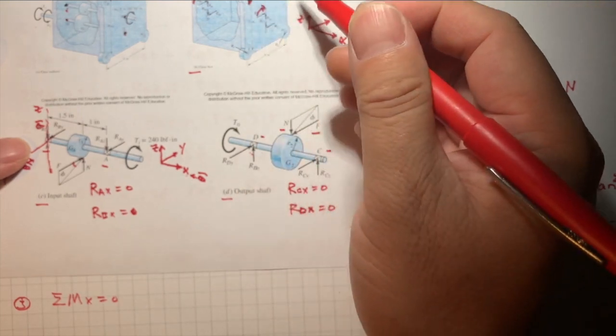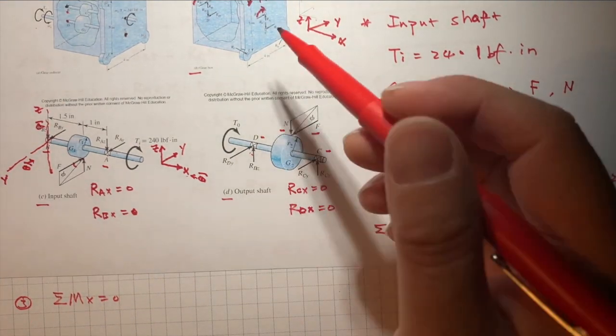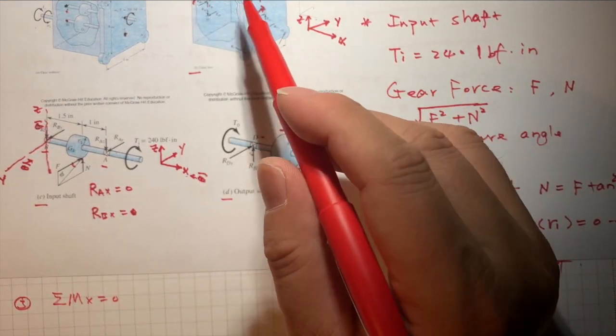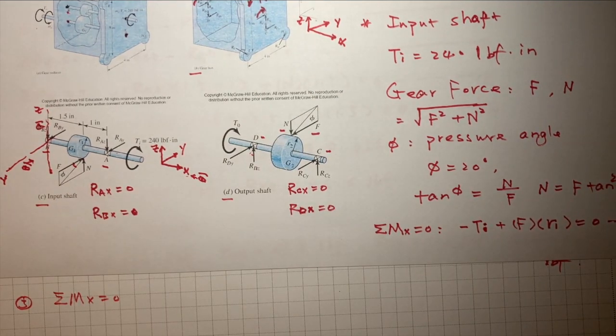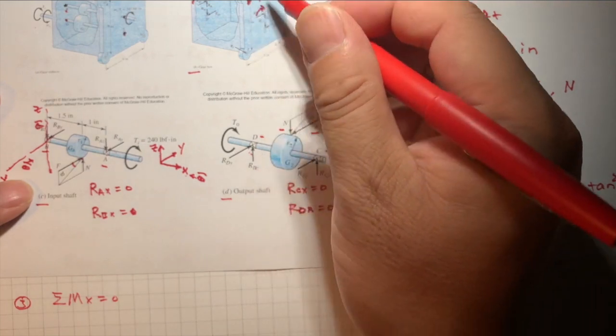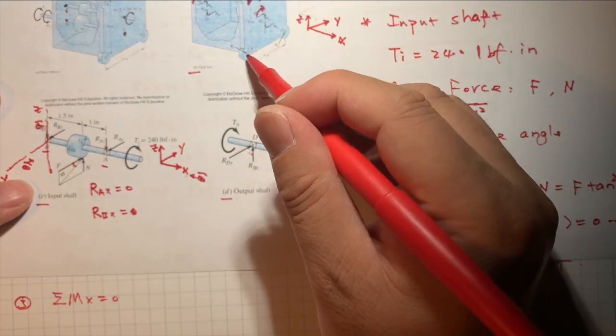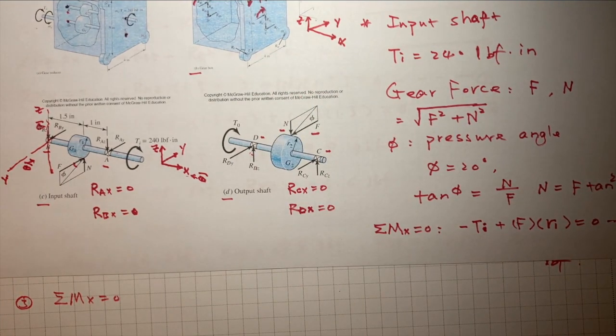Right. Let's put a force R from the cover to balance this torque. Right. And there are 4 bolts here, right? So as shown, we have R here, R here, R here, R here, right?